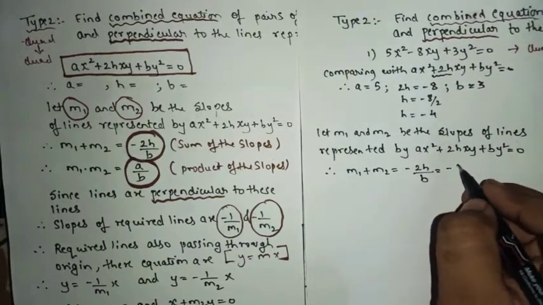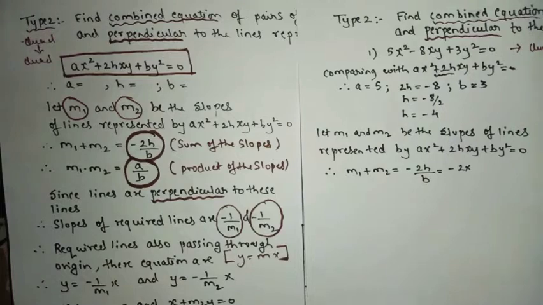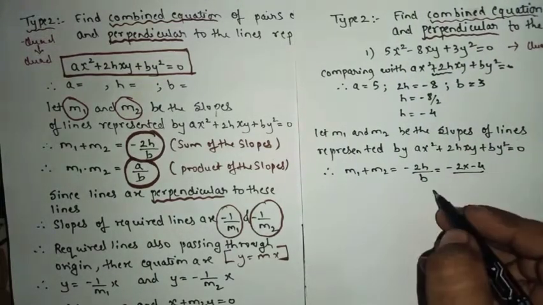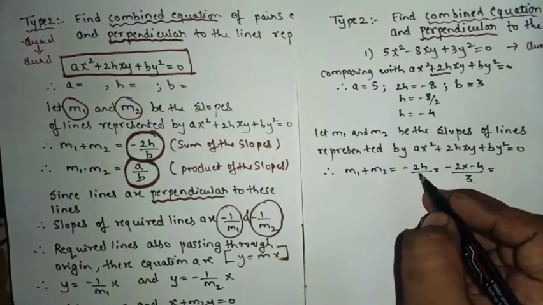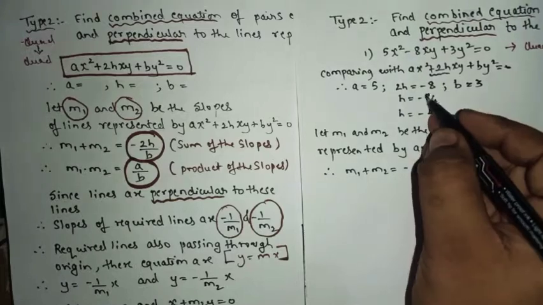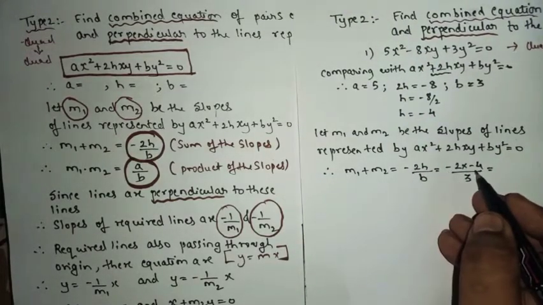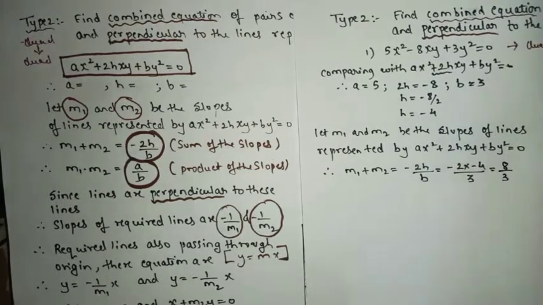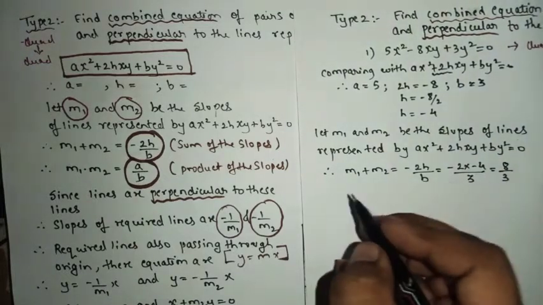So minus 2 into, what is the value of h? It is minus 4, upon, what is the value of b? It is 3, or else directly you can put the value of 2h, which is equal to minus 8. So minus 2 into minus 4 is 8 by 3. We cannot cancel this 8 by 3, so we'll keep this answer as it is.